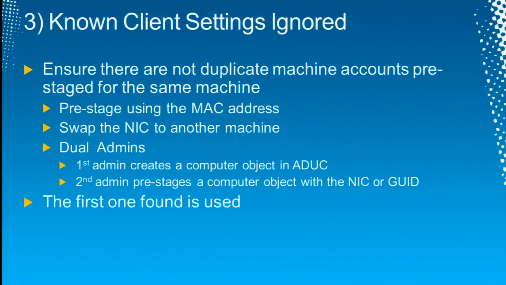They're in different OUs or containers. The problem there is the first one found is what's going to be used. So if it's not pre-staged properly because some other admin was helping you out and it found their misconfigured pre-staged object, then it's not going to work properly.